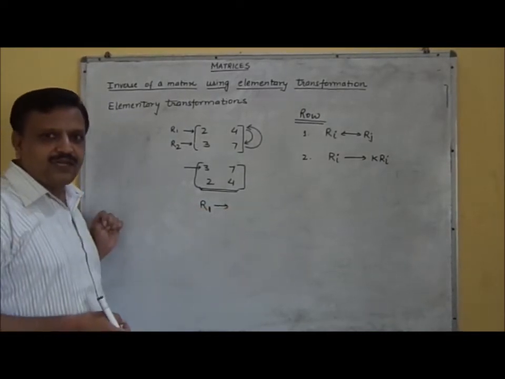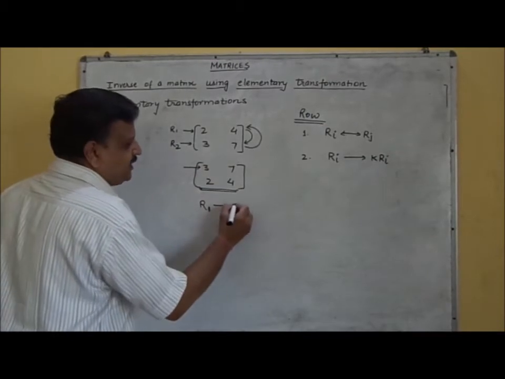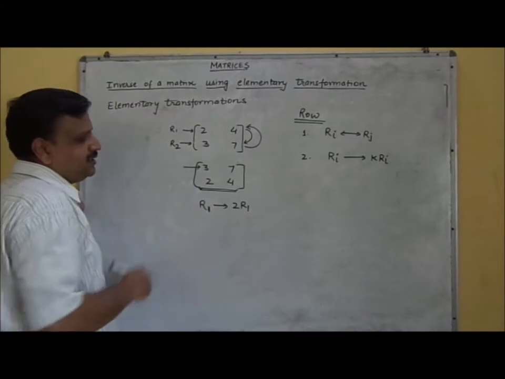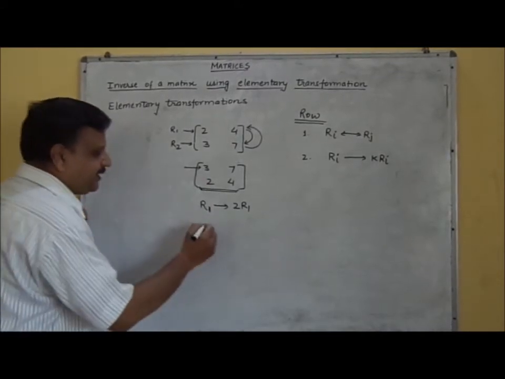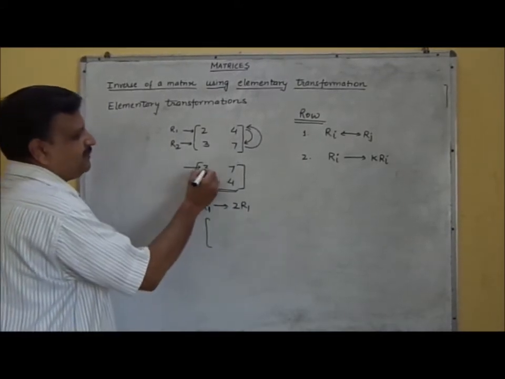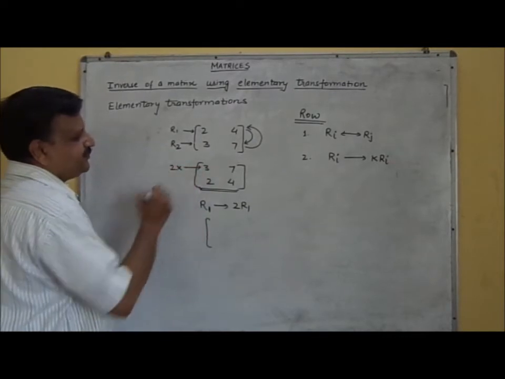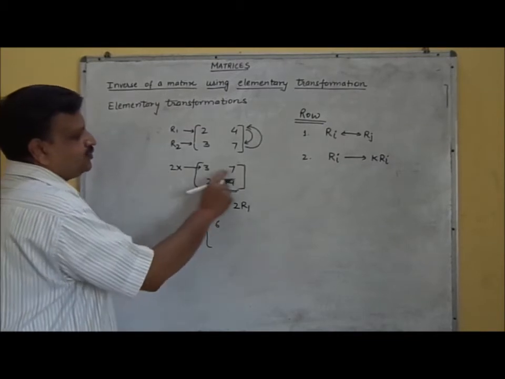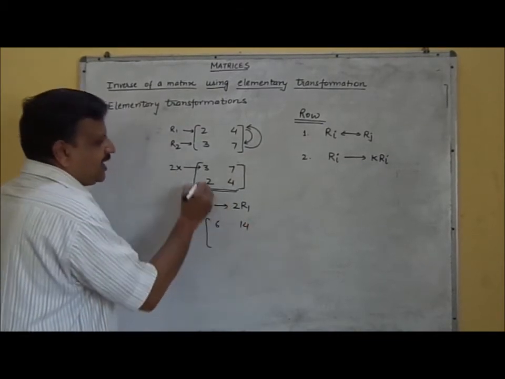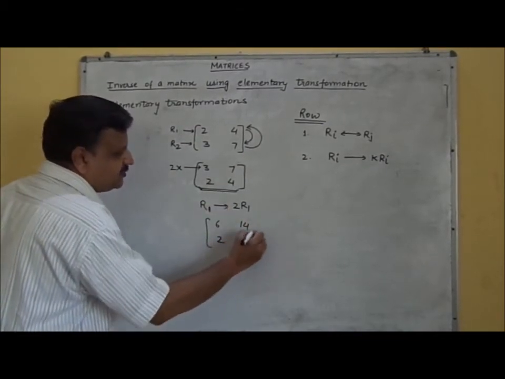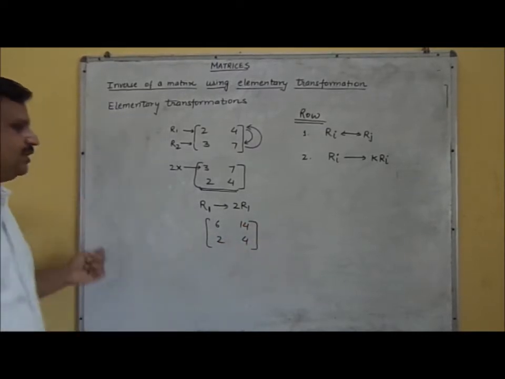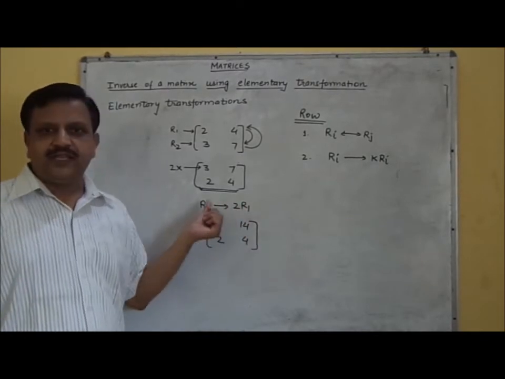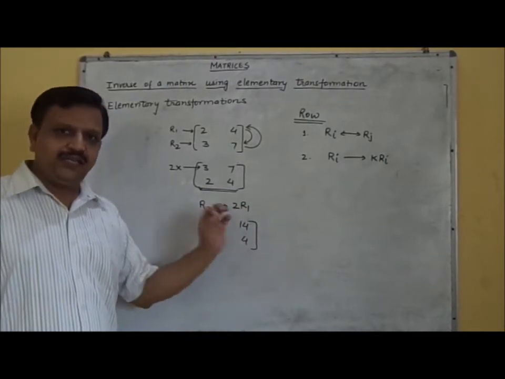Let us take that number as 2, so we change it to 2R1. After applying this transformation, you multiply this row by 2. Now this becomes 2 3s are 6, 2 7s are 14, and the second row remains as it is. Now we got this matrix. So we can multiply any row by any number, any scalar.